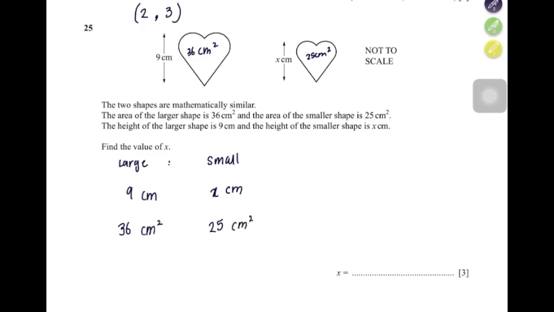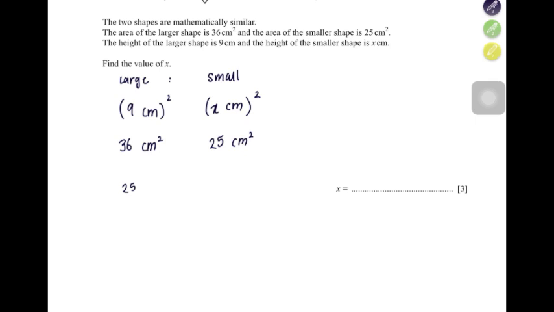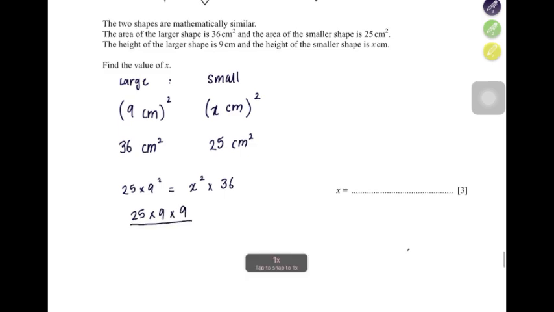If you notice, the units are not the same, so we need to square these in order to make sure we have the same units. So basically 25 times 9 squared equals x squared times 36. So 25 times 9 squared divided by 36. Now you know 36 is 9 times 4. So I can write this as 9 times 4 equals x squared.